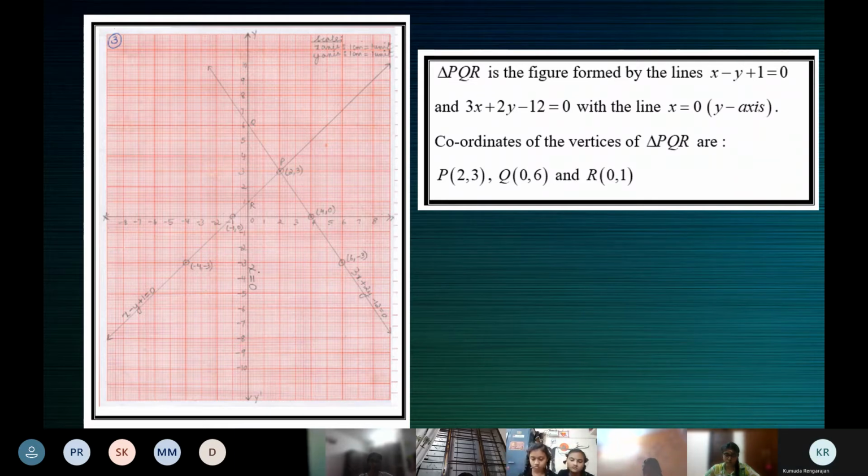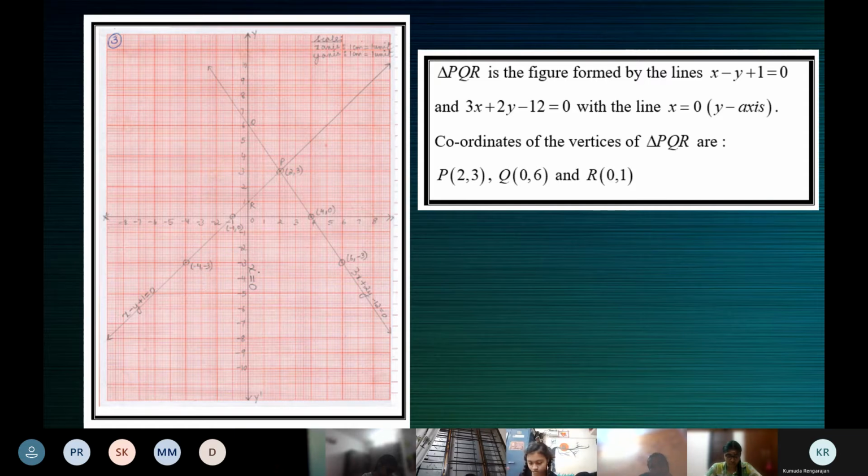Good. Rajeshwari, yes, your one line passes through 1 and -1, the other one through 6. Slightly not passing through 6, but it's okay. As I say, you can look into your book, Rajeshwari.